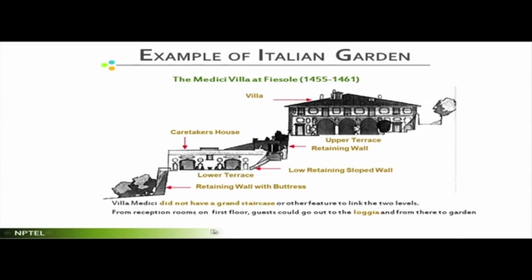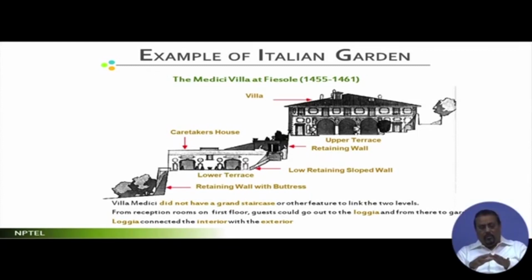So, from reception rooms on the first floor, the guests could go out to the loggia and from there to the garden. So, from here you go to this, then to this. That means you have the exposure to multiple such levels. And the loggia connected again the interiors and the exteriors. So, that is how they have done it.